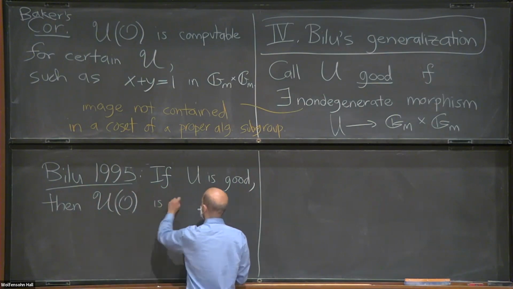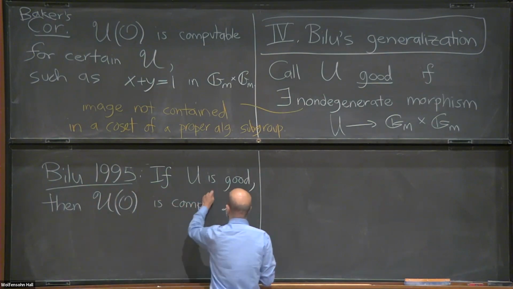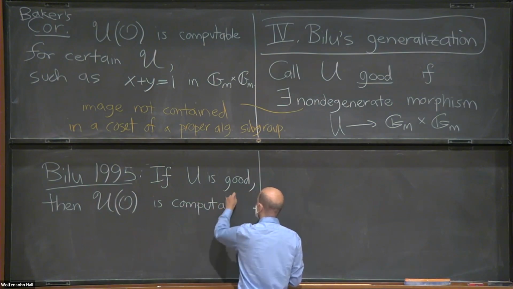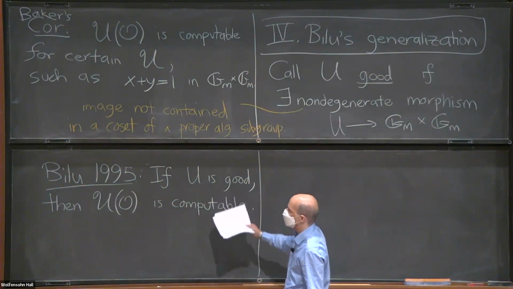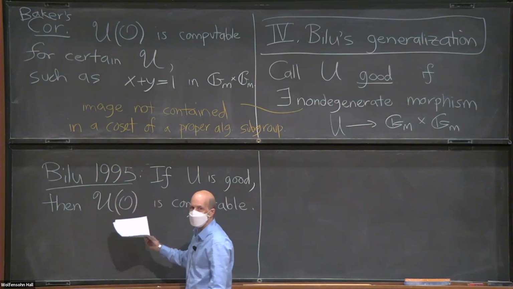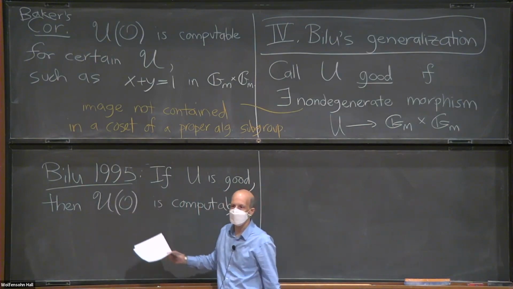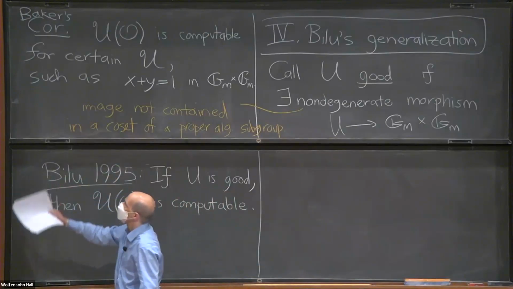It's already finite by Siegel's theorem, but now it's computable. And the proof of this is not very long, it's like 2 pages or so, and again, just once you have Baker's theorem.